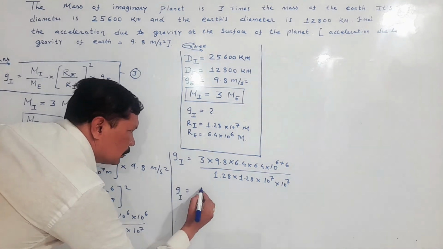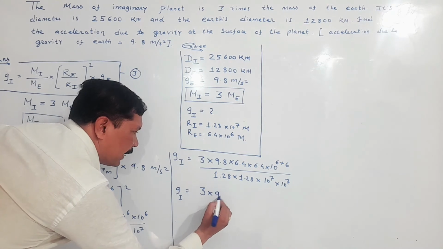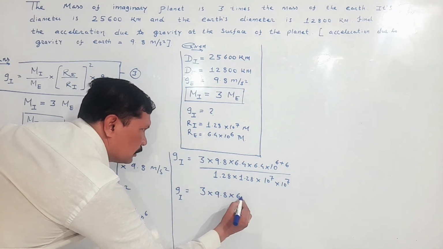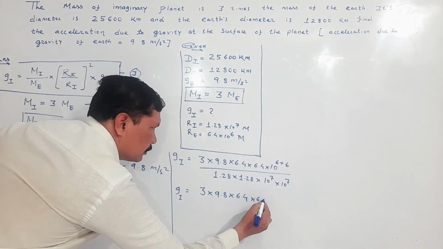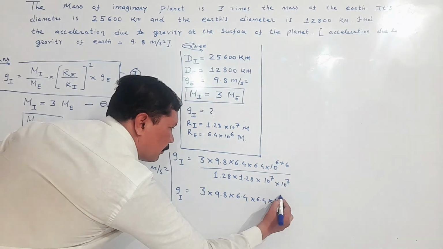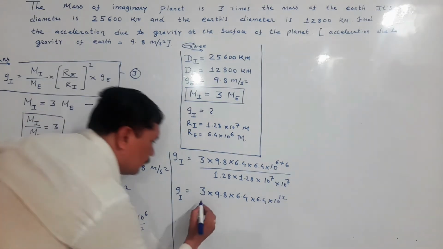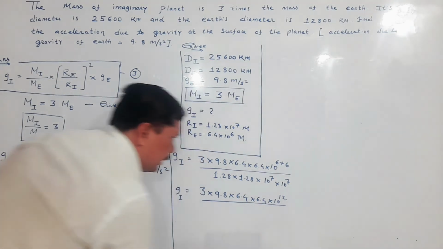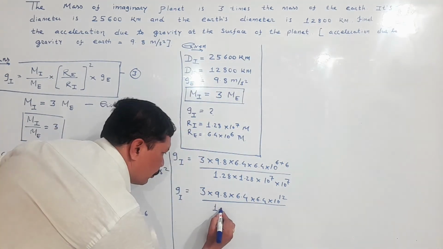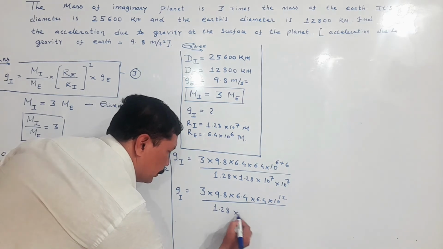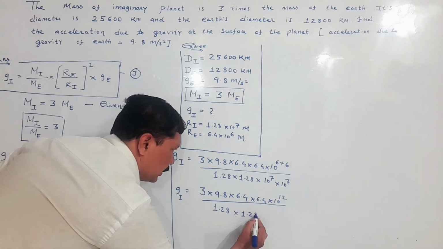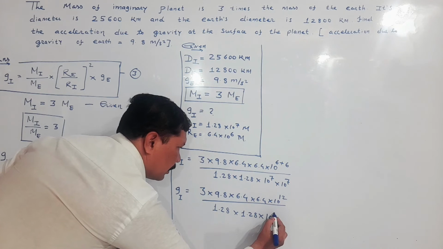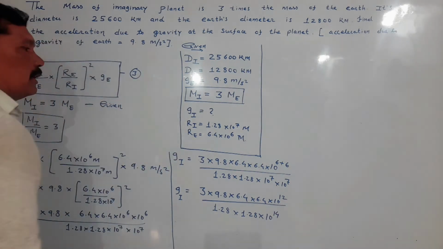Gi is equal to 3 into 9.8 into 6.4 into 6.4 into 10 to the power 12, divided by 1.28 into 1.28 into 10 to the power 14 we can write.